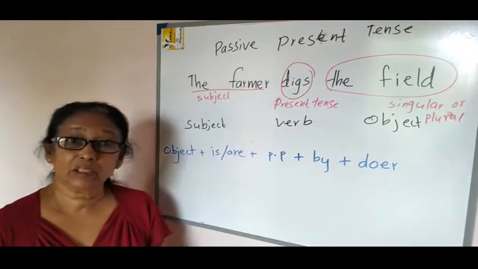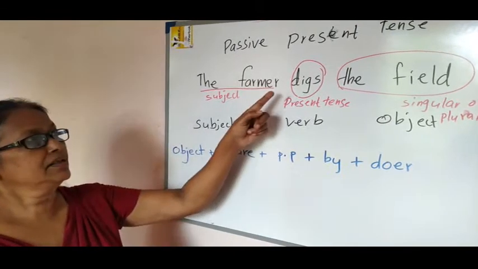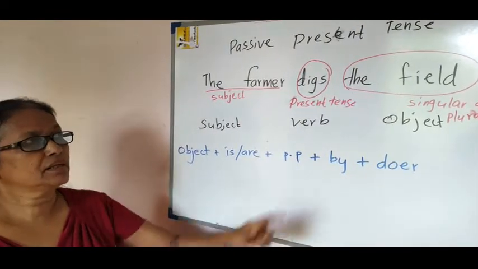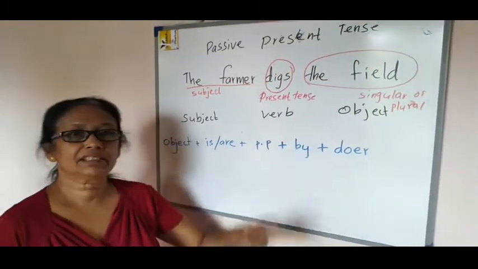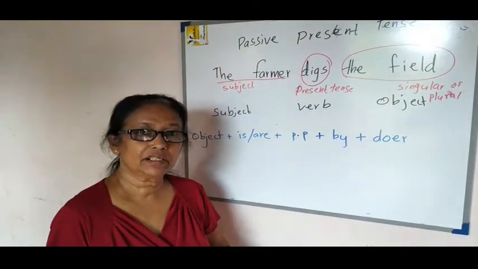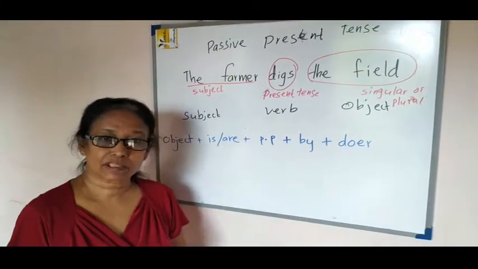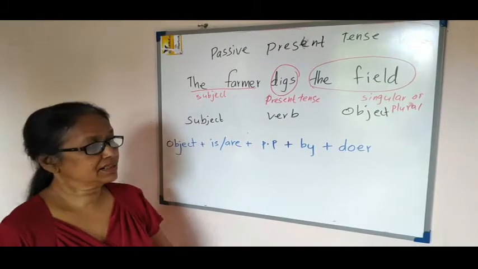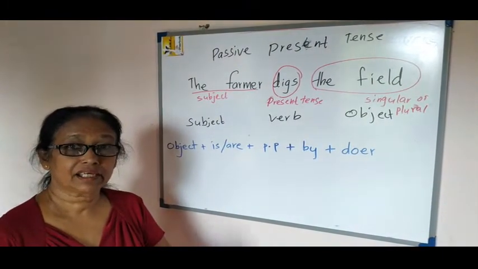Subject means the doer, the person who does the work. Digs is the verb. The field is the object. What happens when you turn it into passive voice? The object becomes the subject. This is the way you have to turn it into passive.